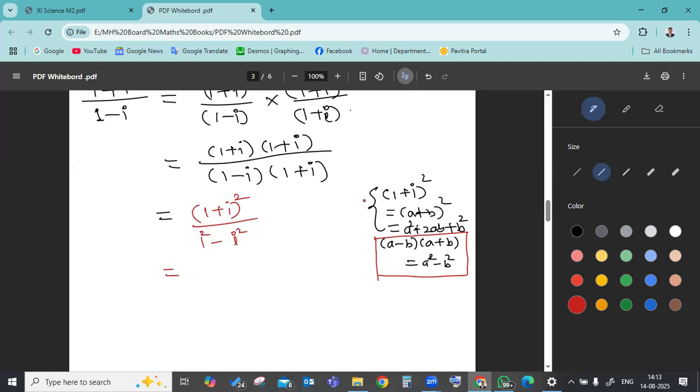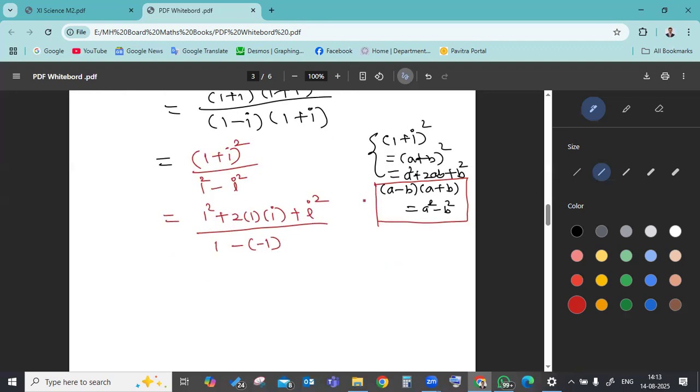Now this will result in what? (a plus b) square is a square plus 2ab plus b square, divided by 1 square, which will be 1, and i square will be minus 1. Now the denominator becomes a real number. Now in 1 plus 2i minus i square, i square is equal to minus 1.